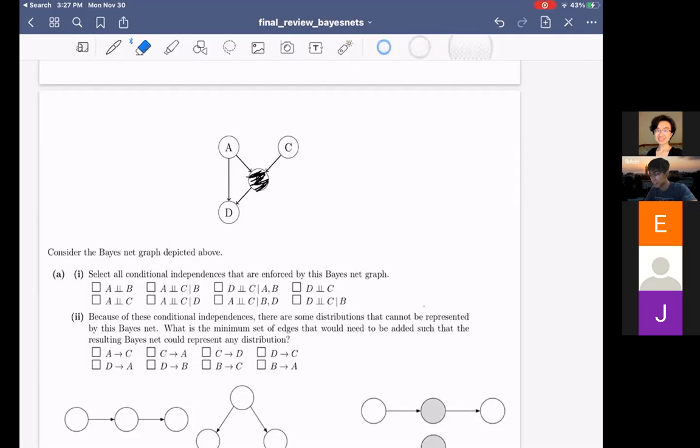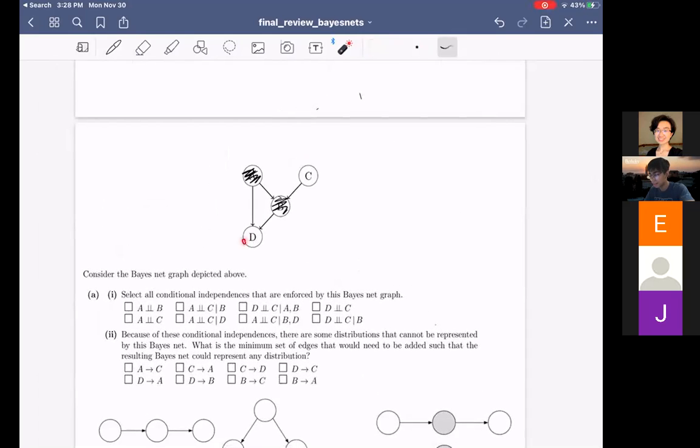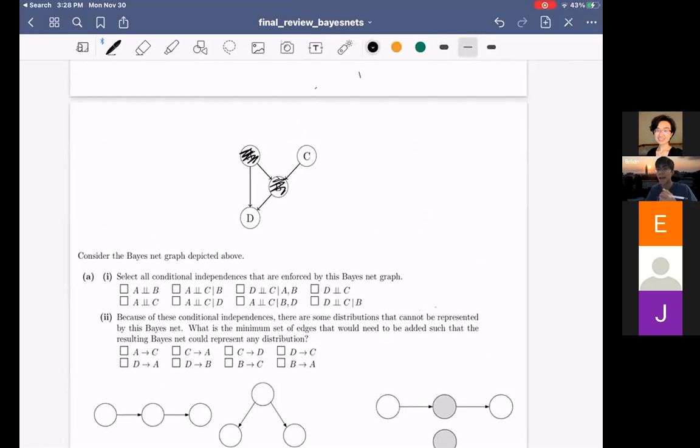The next one, D is independent of C given A and B. So let's shade A and B, and let's look at both the paths. There's this path, which is a causal chain with the middle node blocked. That one is inactive. It has an inactive triple. The next path is this path, and this also starts with an inactive triple, which is a common cause right here. So therefore, since both of the paths are inactive, there's no way for D to influence C given A and B. All right, is D independent of C?